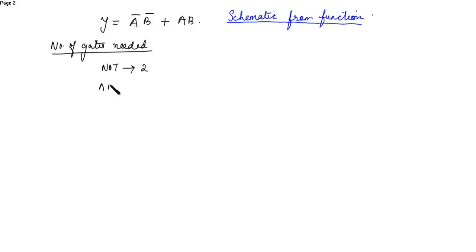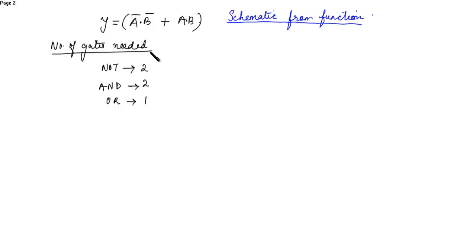Then you need AND gate for A bar B bar and for AB, that is again 2. Then the number of OR gates needed, that is 1, that is for A bar B bar plus AB.